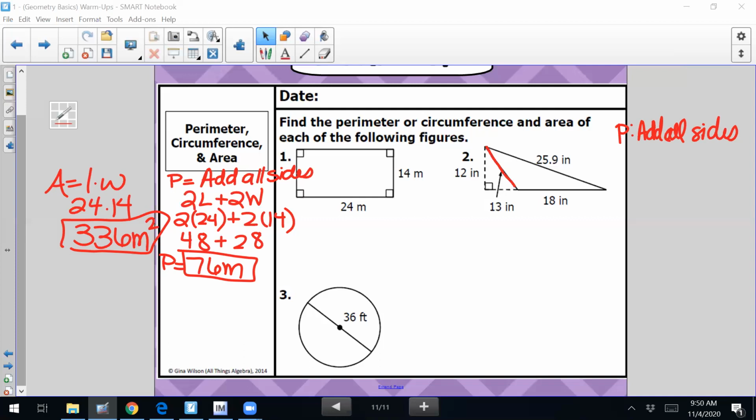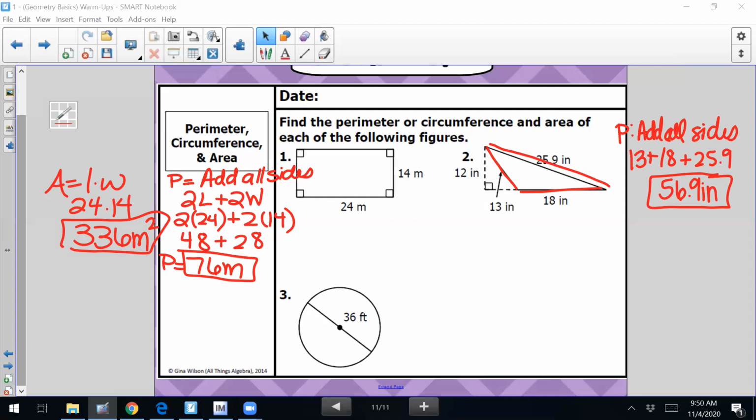We're just wanting this side, which is 13, plus this side, which is 18, plus the long side, which is 25.9. What is that all added together? 56.9. And that's inches, just flat, nothing squared.